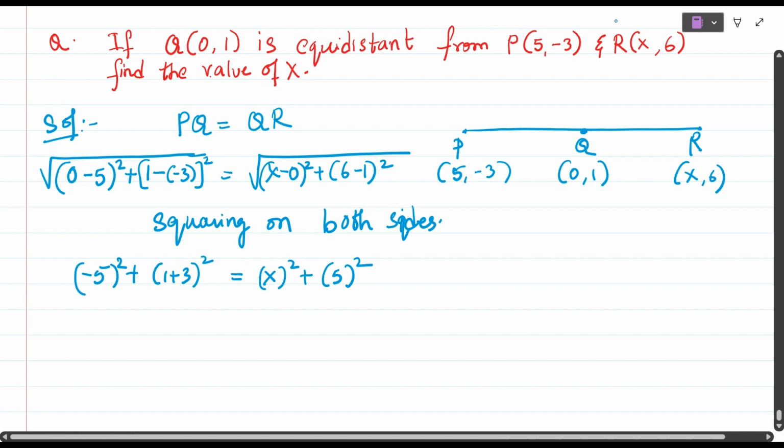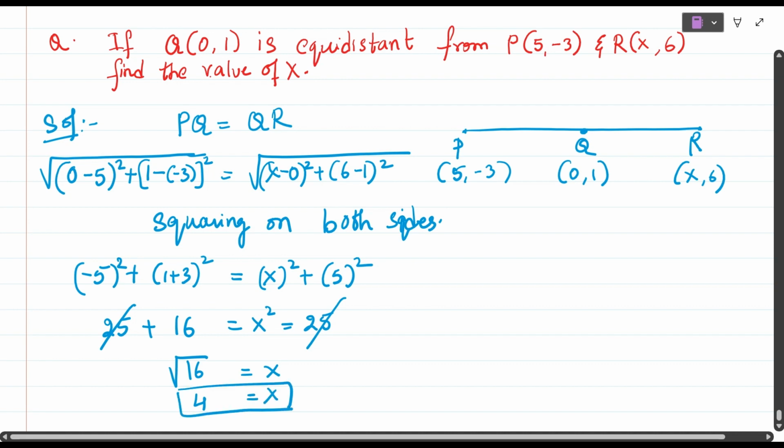Okay. 5 square is 25, plus 16, since 3 plus 1 is 4 square. So 16 equals x square, and the 25 on both sides will get cancelled out. So the value of x will be square root of 16, that is equal to 4. Did you understand, students?